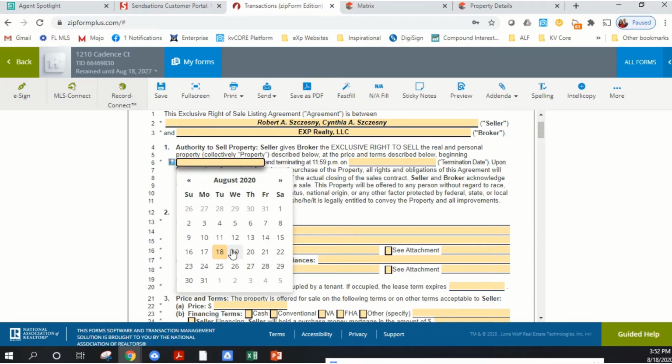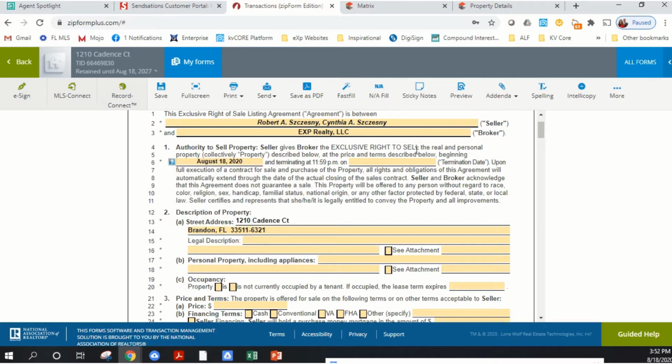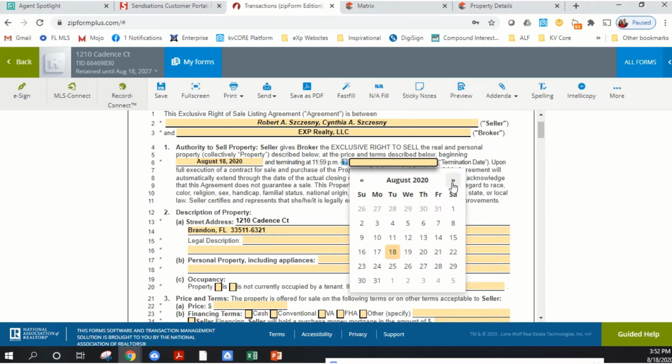We're going to do a start date of today and push out 6 months. 6 months is what?